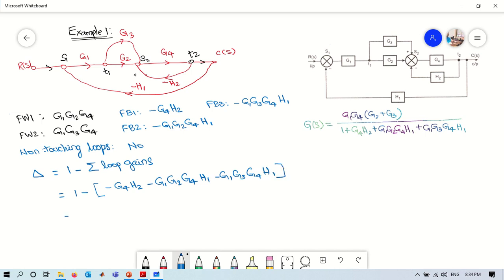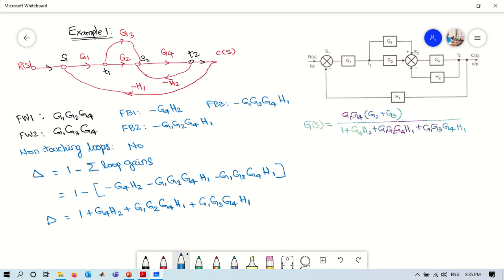So upon simplification I have 1 plus G4 H2 plus G1 G2 G4 H1 plus G1 G3 G4 H1. So this is my delta.